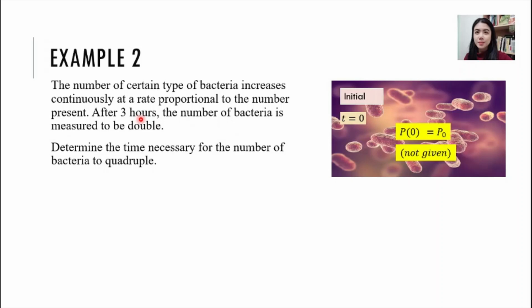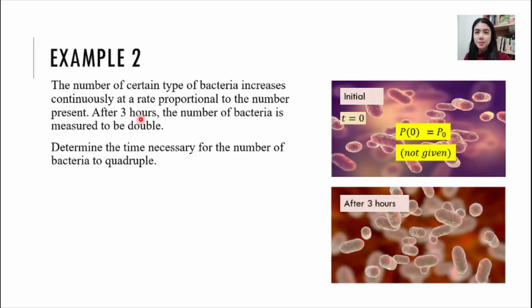It says that after 3 hours, which means your time is equal to 3, the number of bacteria is measured to be double. So the population at time equal to 3 is measured to be double.